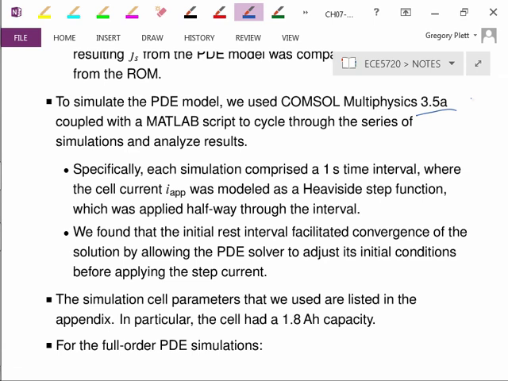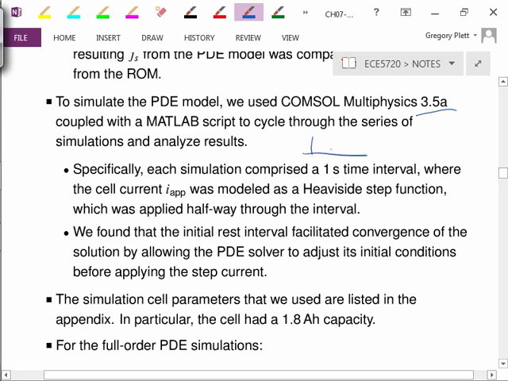The simulation period was a 1-second time interval. In that 1-second time interval, the cell was initially at rest, and then halfway through, at time 0.5, we apply this pulse, this Heaviside step function. The initial rest period was helpful, we found, because COMSOL has to adjust all of the variables so that the equations match each other.